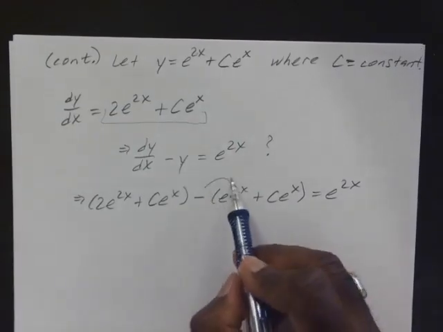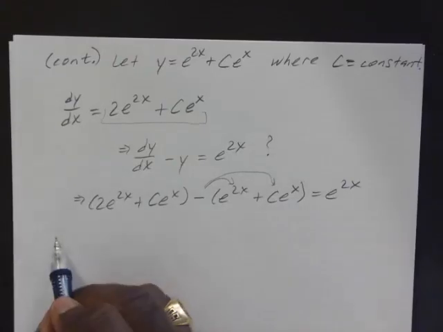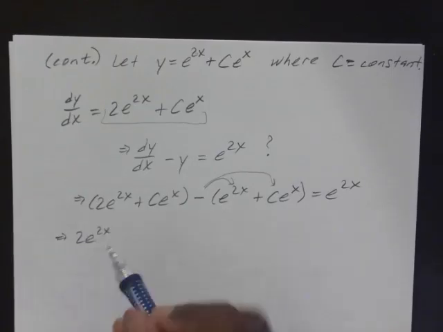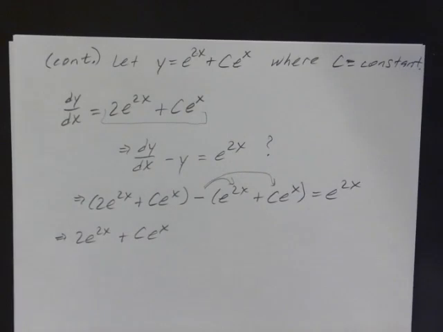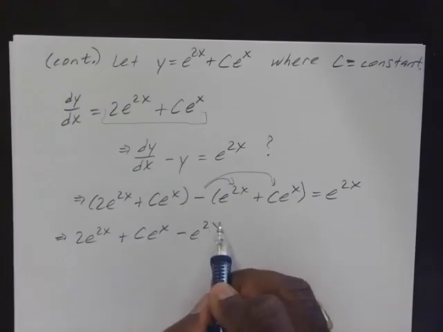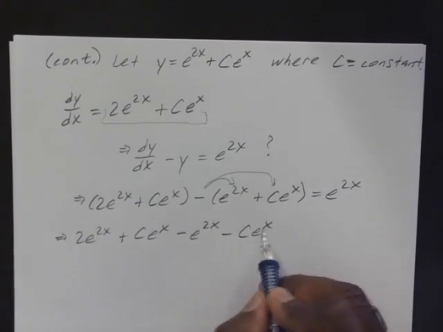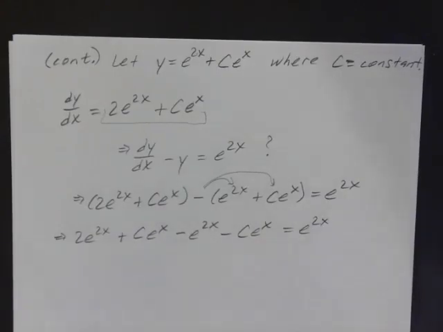So if we distribute that -1, we have 2 times e to the power of 2x plus c times e to the power of x minus e to the power of 2x minus c times e to the power of x.